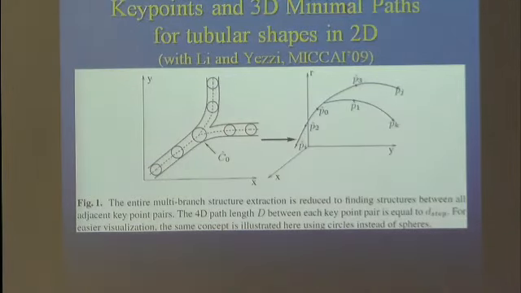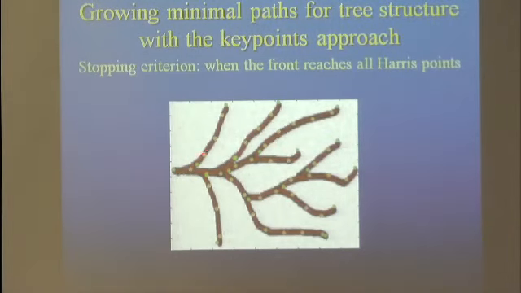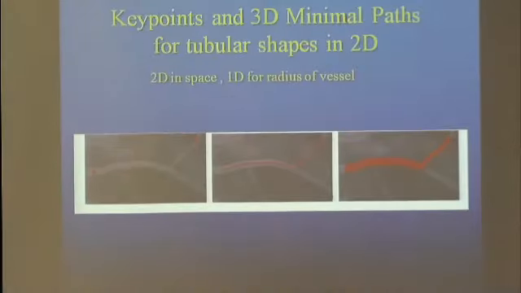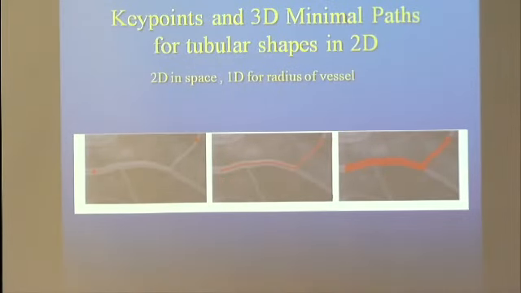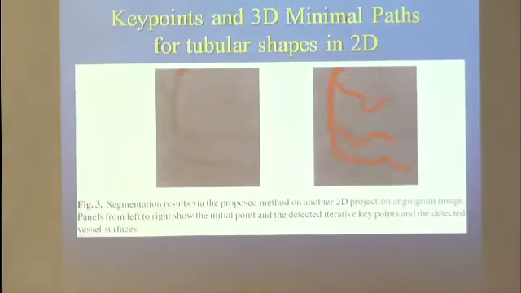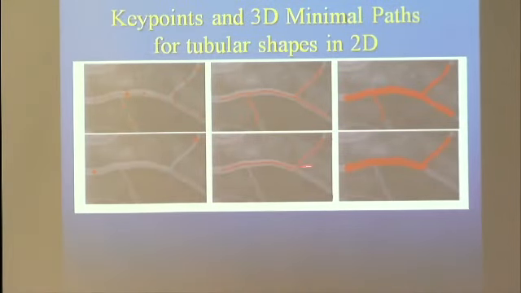But this method can be used as shown here with regular paths or also tubular paths, which means that using the xy plus radius space, you get center line plus radius plus the boundary, and here given just a starting point, you can get the whole set of center lines for the tree structure, as well as the boundary of the complete tree structure.